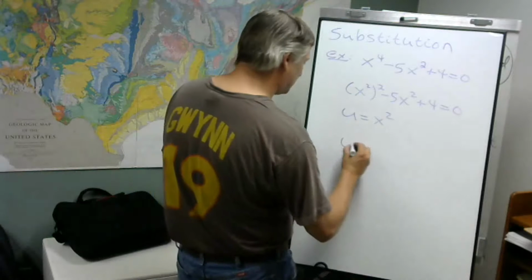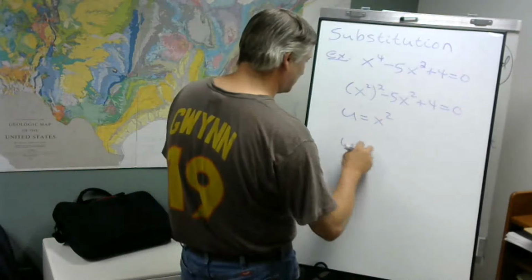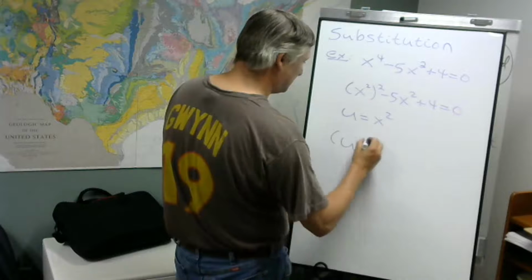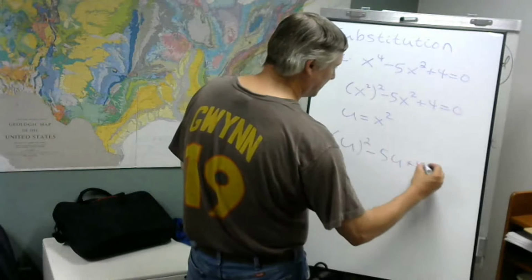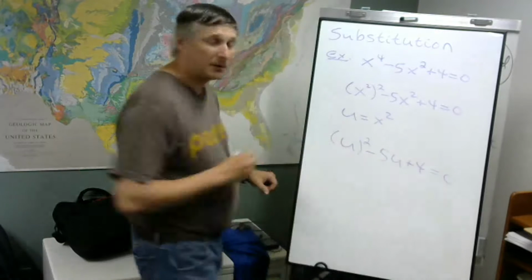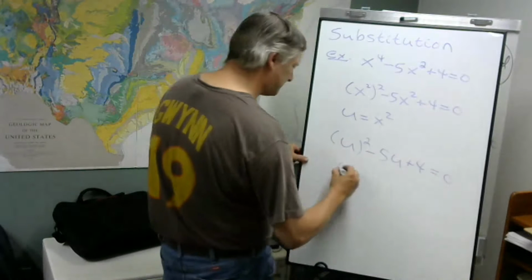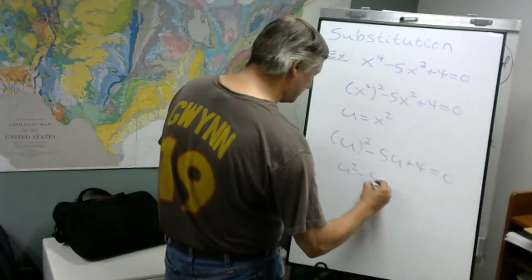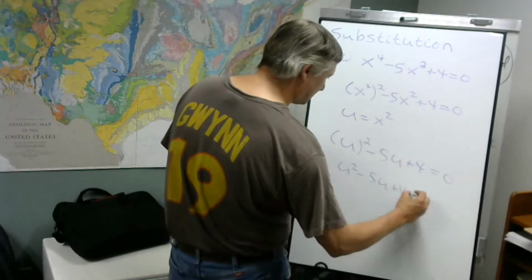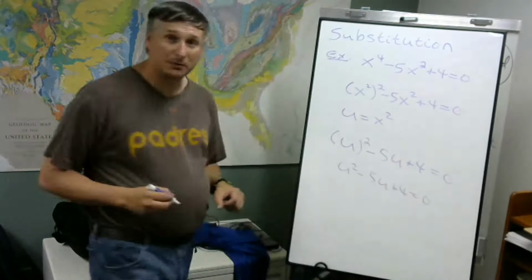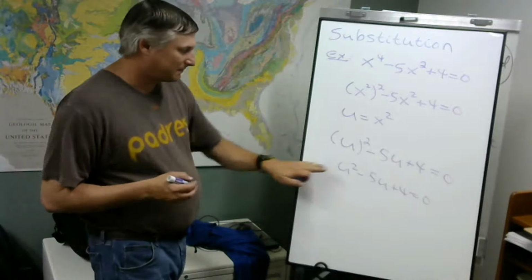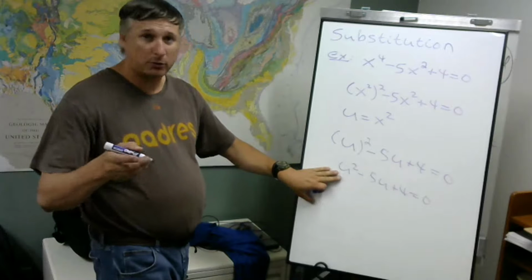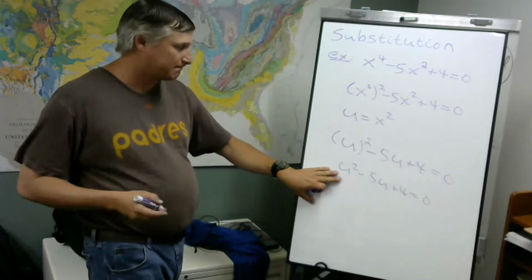So we'll get u squared minus 5u plus 4 equals 0. And what we can do here is use either the quadratic formula or guess and check.